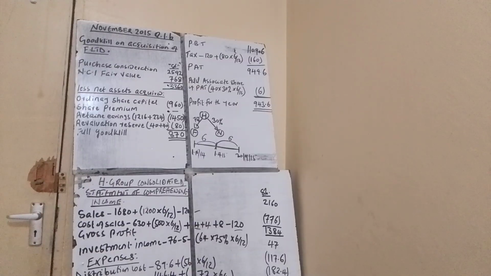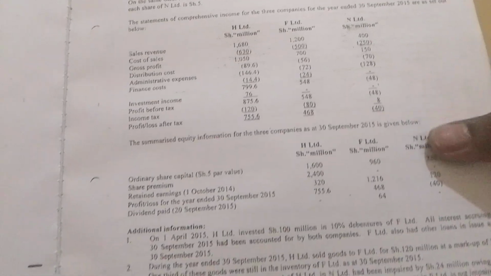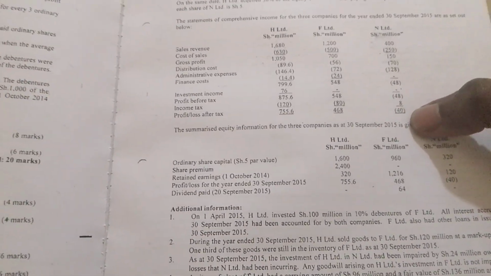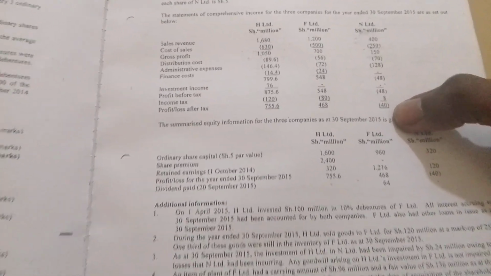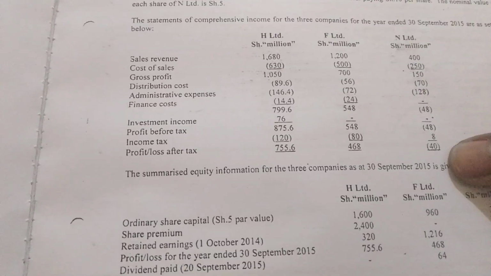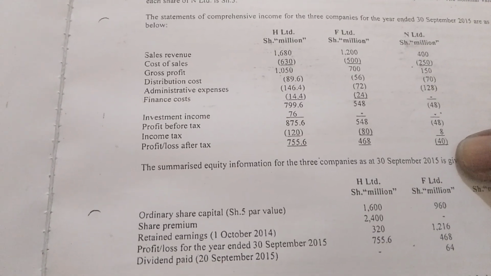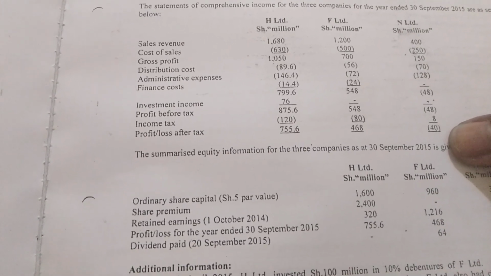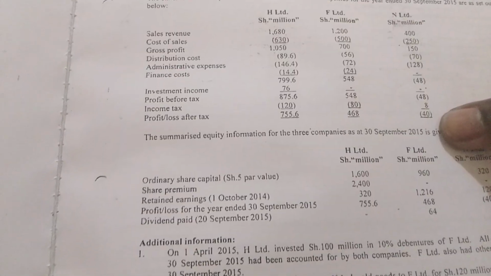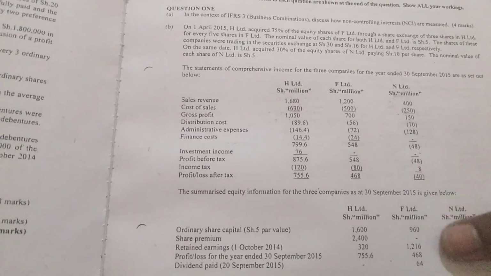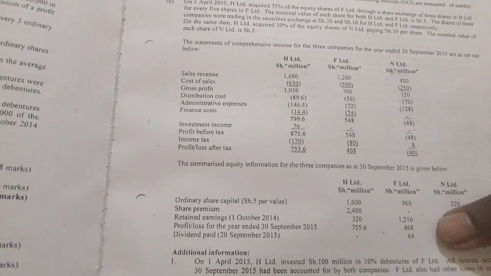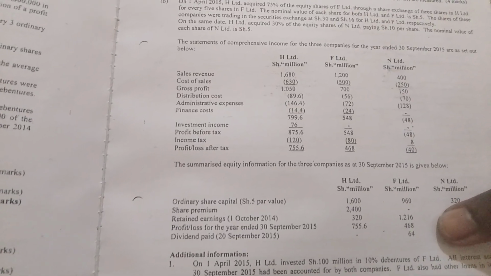You go to the statement of comprehensive income and you find here this 40, a negative, profit and loss after tax, where you have N Limited. N Limited is an associate.